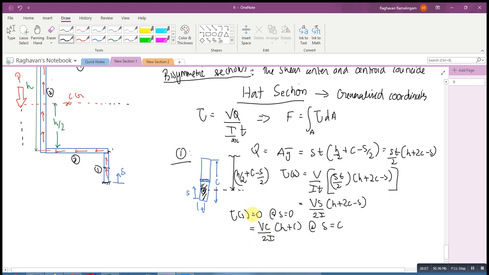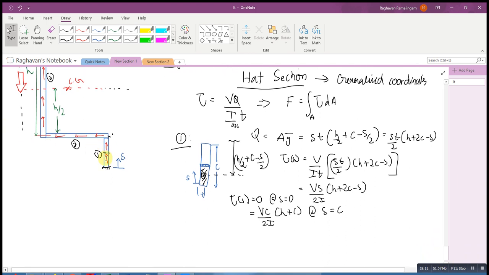Okay, so in order to find the moment caused by this whole shear force, I need to find the total force inside this element.